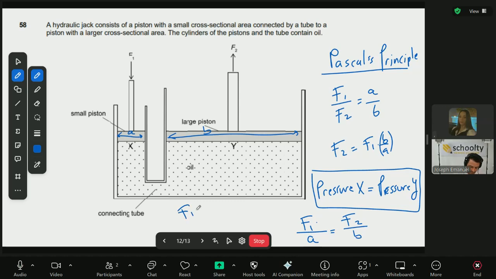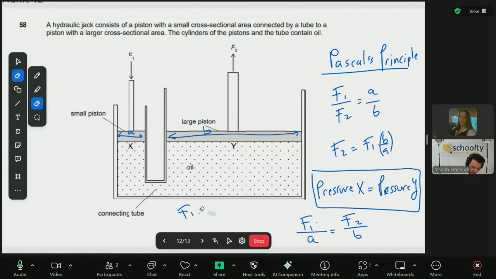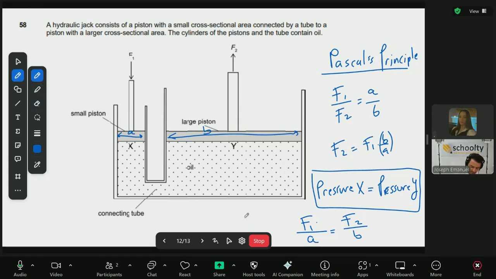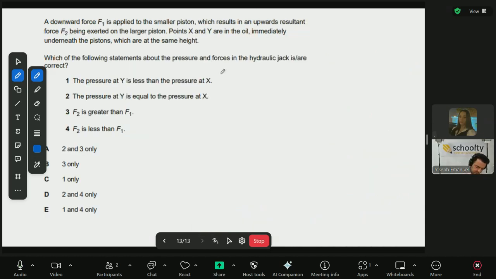F1 divided by A equals F2 divided by B, so let's just multiply by B. You have F1 multiplied by B over A equals F2. So if there is a difference between the areas, it makes leverage and hydraulic force F2. Again, the pressure on X, which is F1 divided by A, is the same pressure on Y, which is F2 divided by B. So the first statement is not correct.